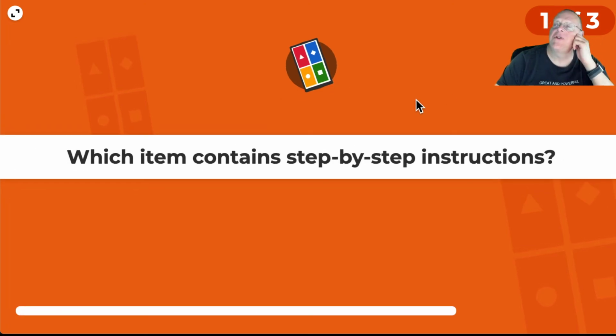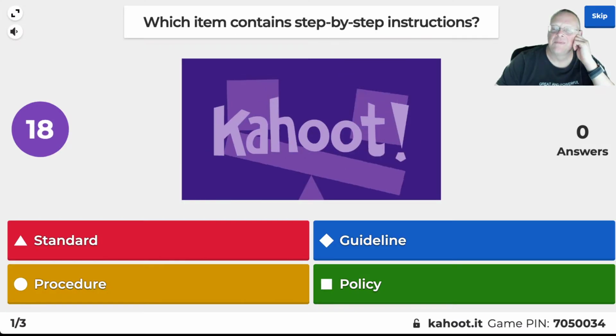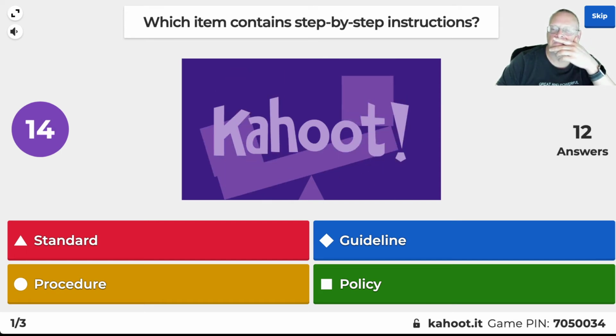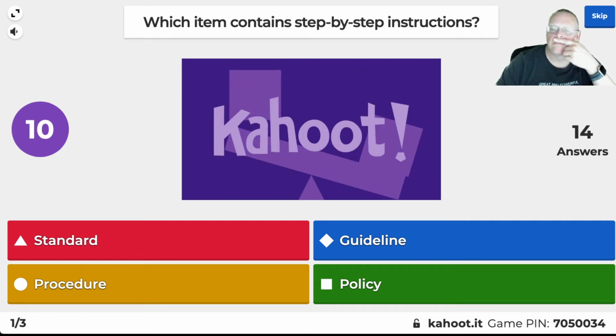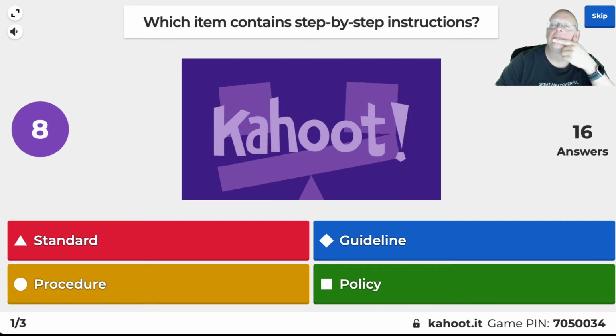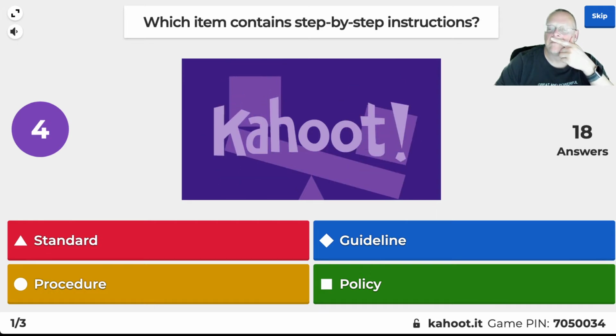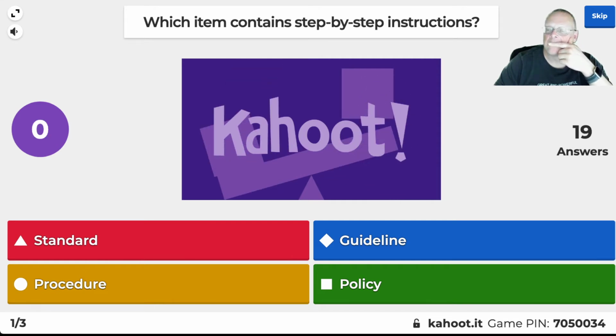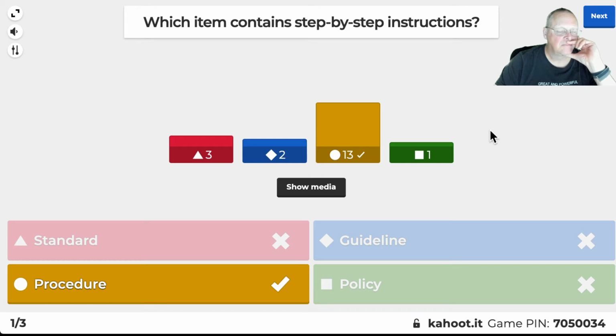Okay, step-by-step instructions. Where are they? That's a procedure.